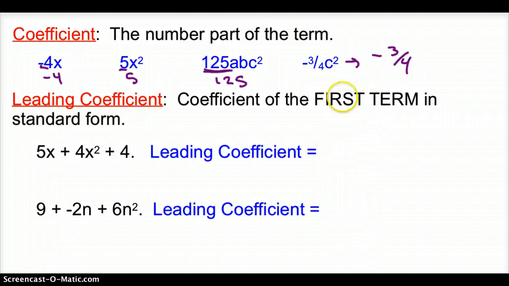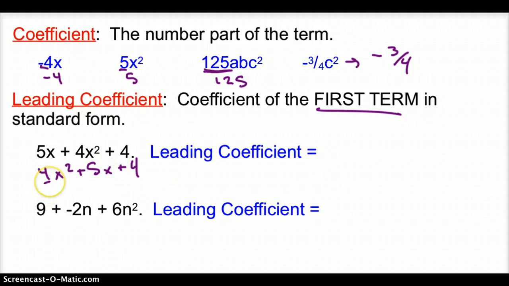Leading coefficient is the coefficient in the first term, hint, first term in standard form. First thing we want to do with these is rewrite them to put them in standard form. They are not in standard form because they are not in descending degrees of exponents. So since this has 2, I'm going to write 4x squared plus 5x, because now this is 1, plus 4 because there is no exponent.